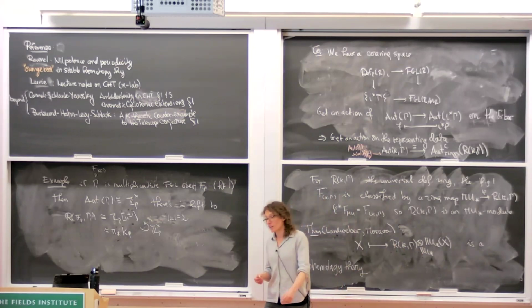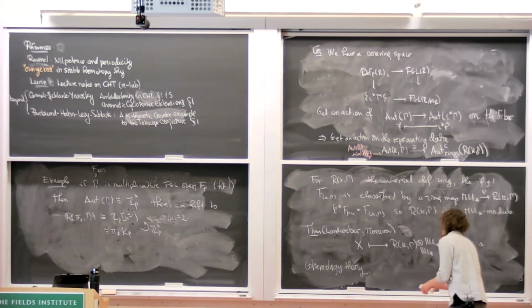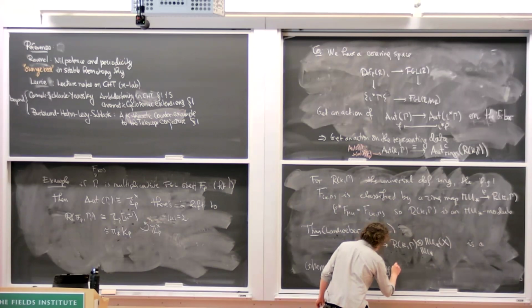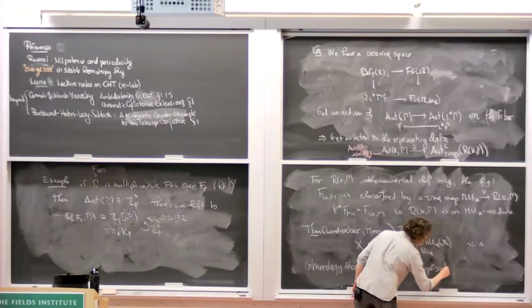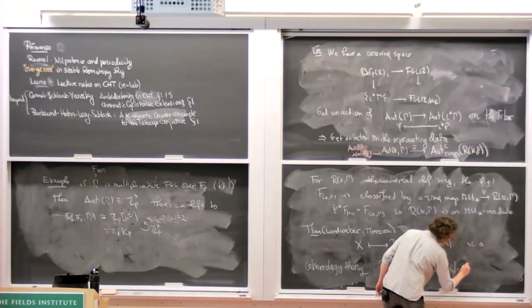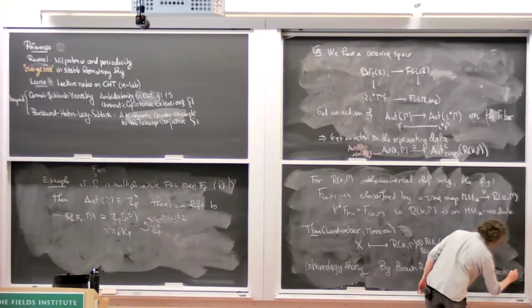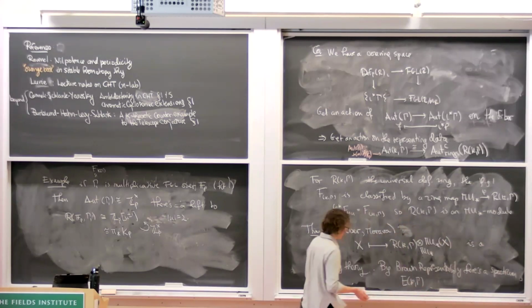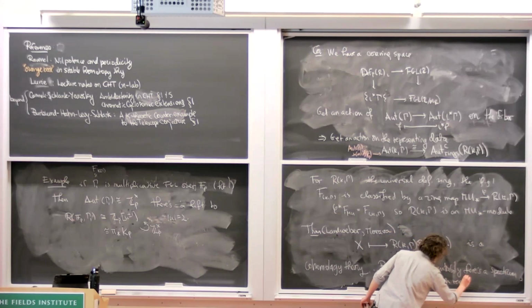So you can produce cohomology theories this way, and then I'm going to say a couple more things. By Brown representability, there's a spectrum E_K gamma, which represents this theory.